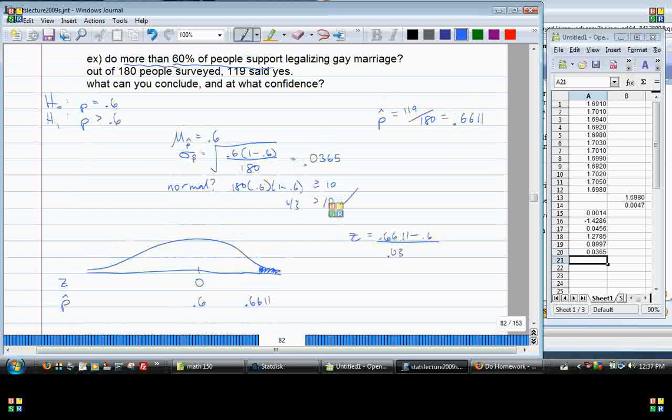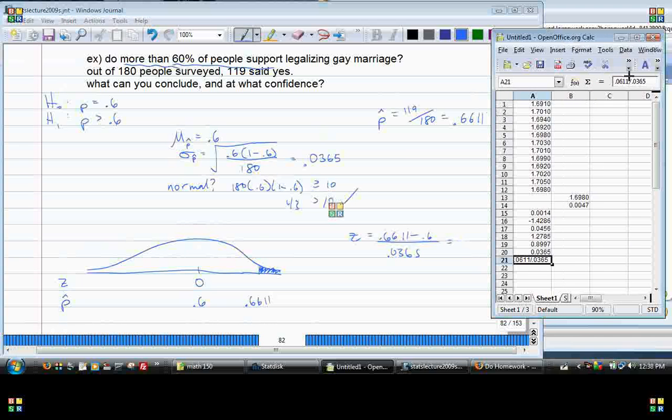Value minus the mean over the standard deviation, and that works out to be 1.674.